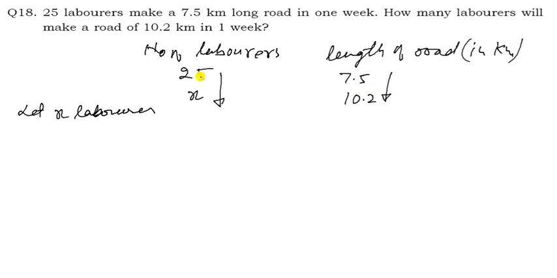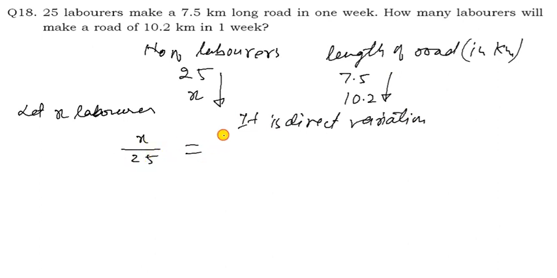So both are in direct variation, because if the number of labors is more, they can make a longer road. So it is direct variation. So x upon 25 is equal to 10.2 upon 7.5.